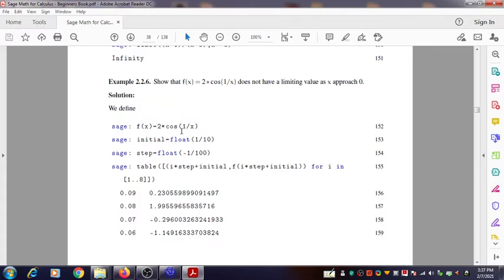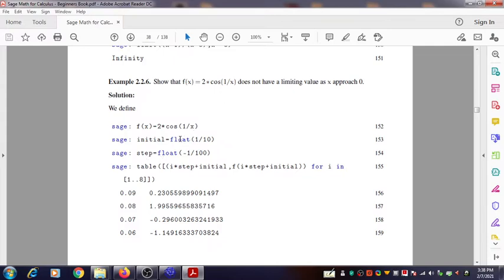For that we define the function f(x) equal to 2 cos(1 by x). This is another way of defining the function. After that, the initial value is float(1 by 10), and the step is float(minus 1 by 100).